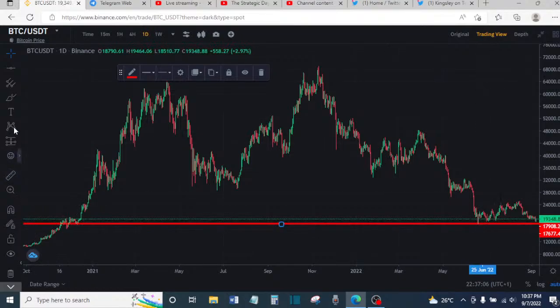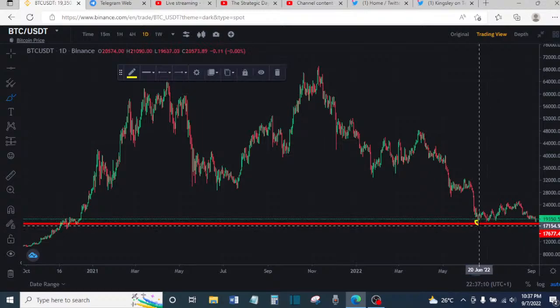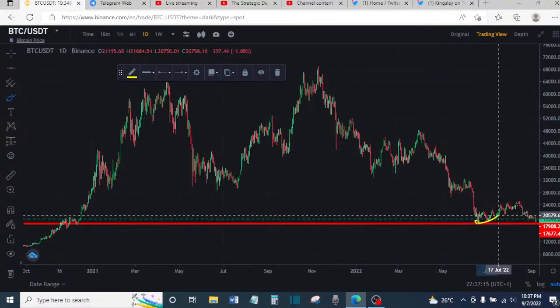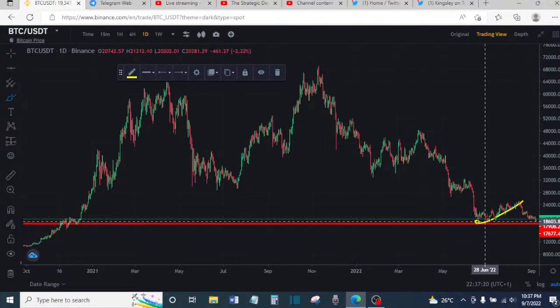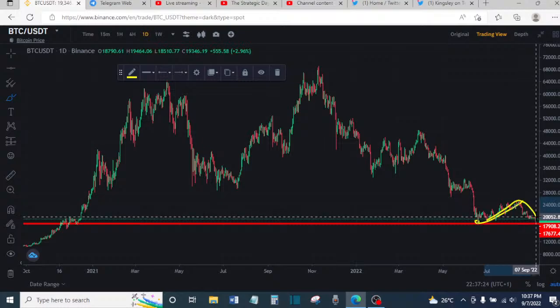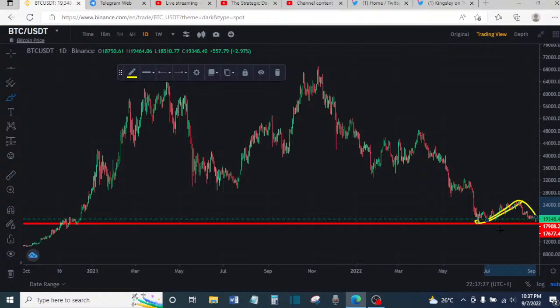This spot is very important. It is a spot where we had rejection of price to the upside. When price got to this spot, it was rejected to the upside before finding its way back down. Now why did price get rejected at that spot?